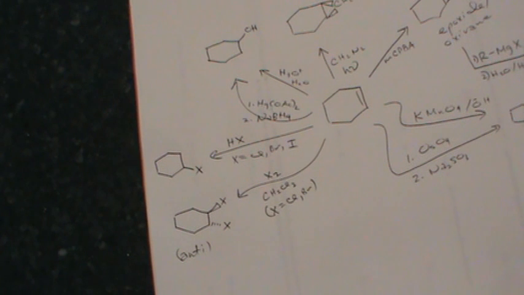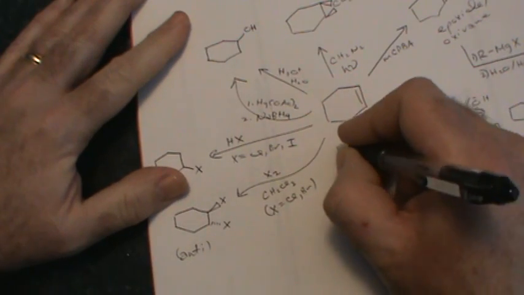Now there are some derivatives or relatives of this reaction which are very similar, but they give rise to slightly different structures. The first is halohydrin formation.